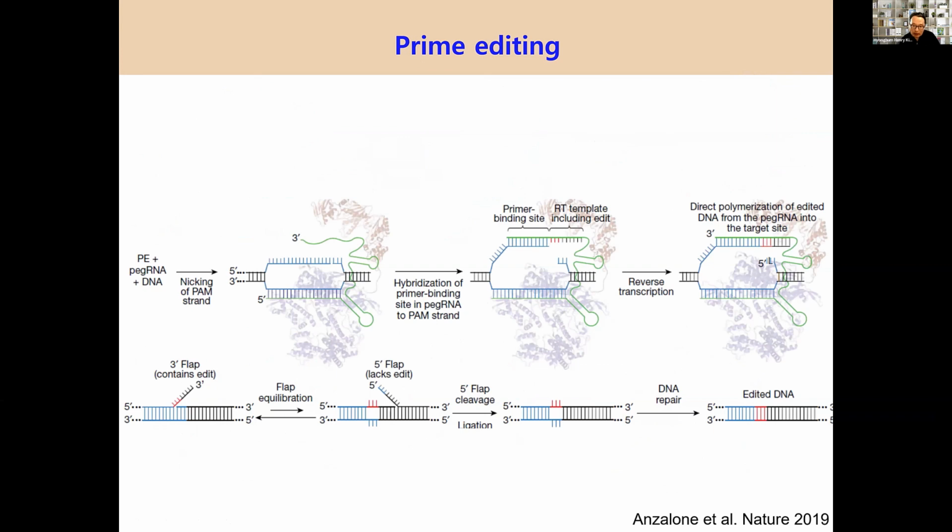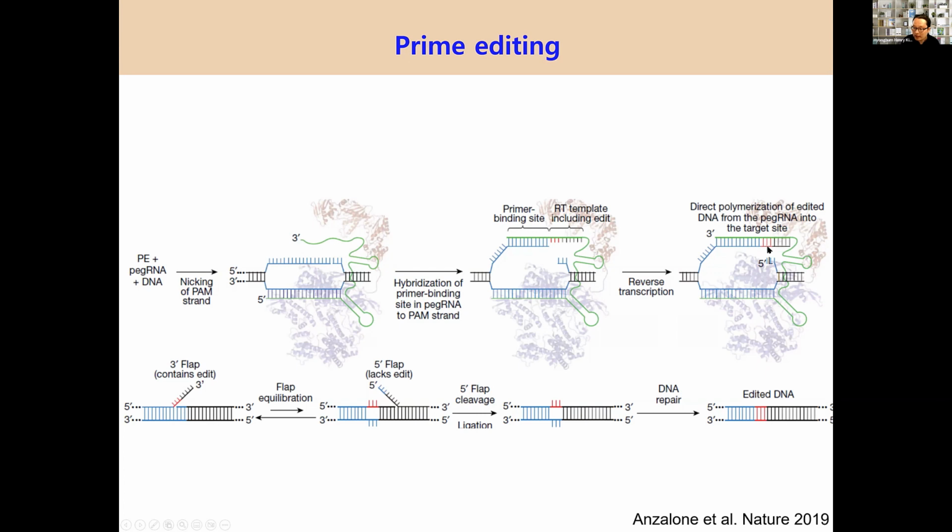More recently, already 4 years ago, prime editing was developed by David Liu's group again. Instead of the deaminase, prime editors use reverse transcriptase. And the guide RNA sequence is a little bit longer than the single guide RNA used for CRISPR nuclease and base editors. This longer sequence binds to here, and cDNA is synthesized by reverse transcriptase.